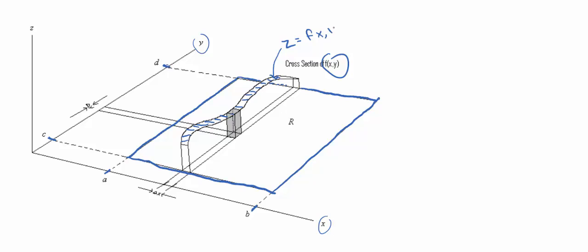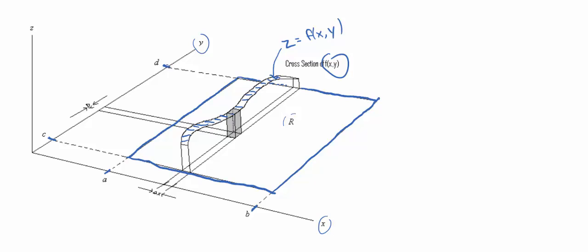And in fact, think of this slice that I'm taking between the region R in the xy plane and the top, this wavy top function. Eventually I'm going to be talking about the volume of this entire slice. Now focus in on this representative column, much like the type we talked about in the last section.